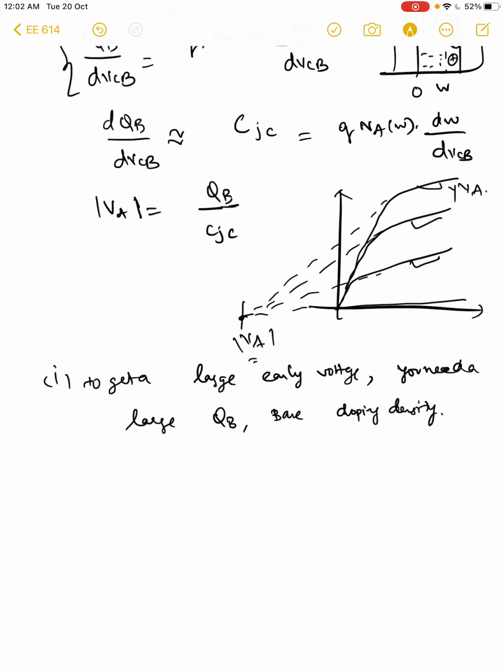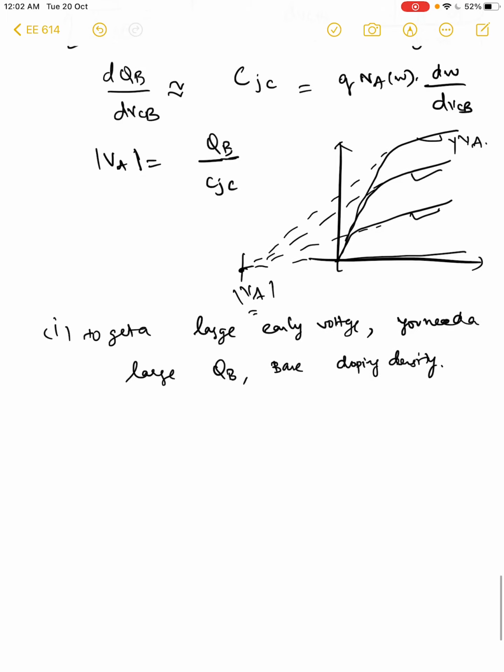Now, why is a large VA necessary? That comes from the fact that you want a small ∂Ic, that is for small output conductance. ∂Ic by ∂VCE, for small output conductance you need a large VA, and the large VA is obtained by increasing the base doping concentration, right?